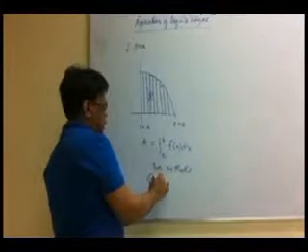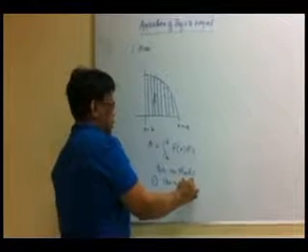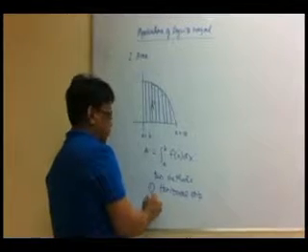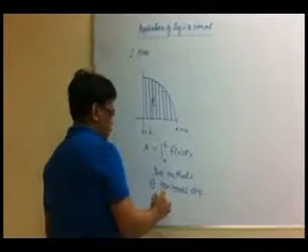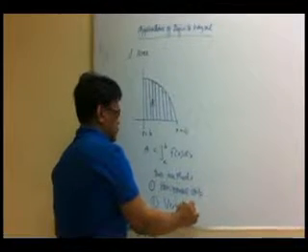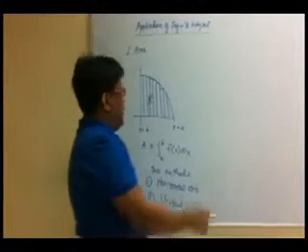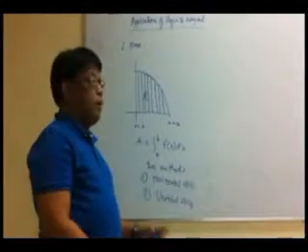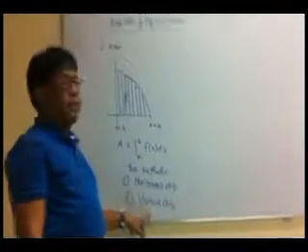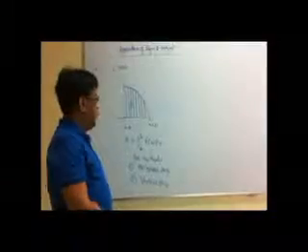We have the horizontal strip and the vertical strip. Okay, so a strip is a rectangle. So with this representation of one rectangle, horizontal or vertical strip, we can define the area of an irregular shaped figure.